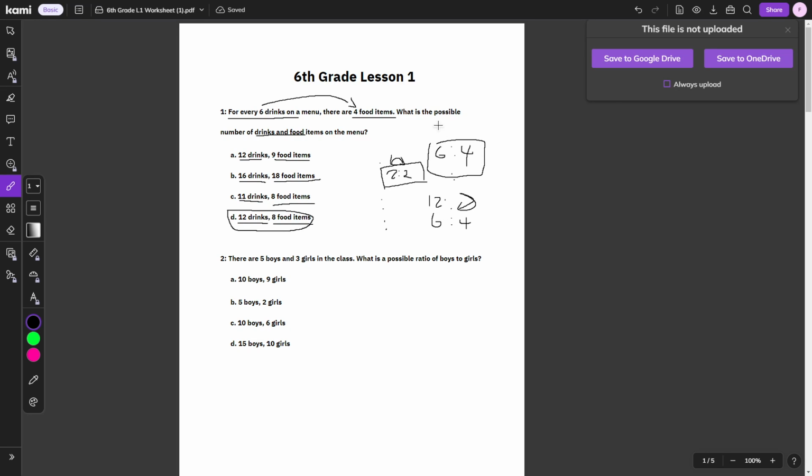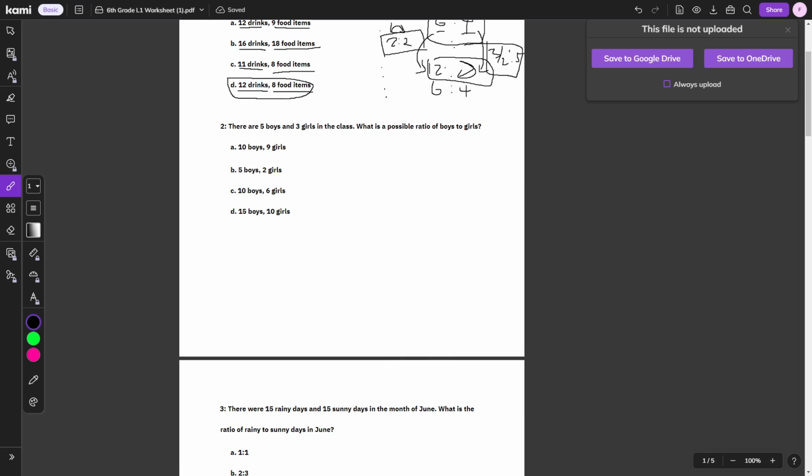So for example, this is 3 halves, or 1.5 as a decimal, and 12/8 is also 3 halves and 1.5 as a decimal. That means that we increased 6 and 4 by the same factor, since the final proportion is the same.